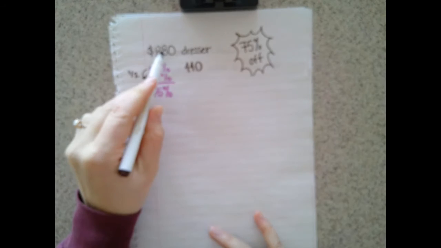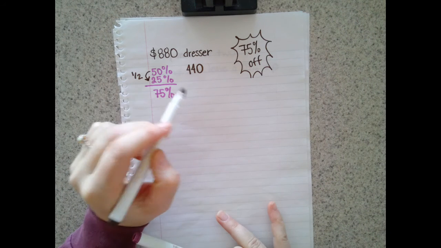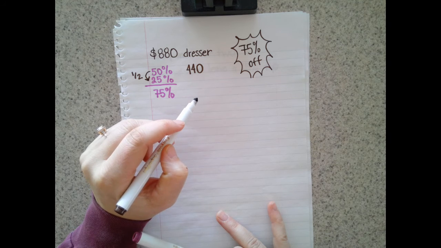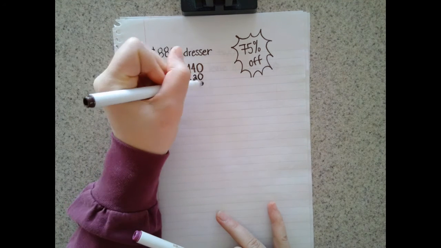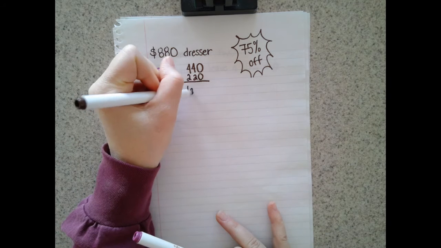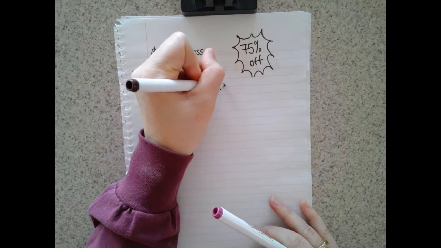So if we want to find 25% of 880, we can just cut the half in half again. What's half of 440? That's 220. Add these two up, I get 660, and that is my discount.